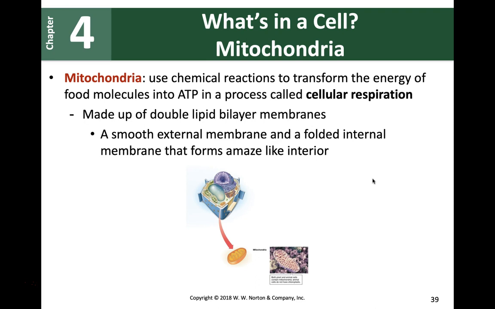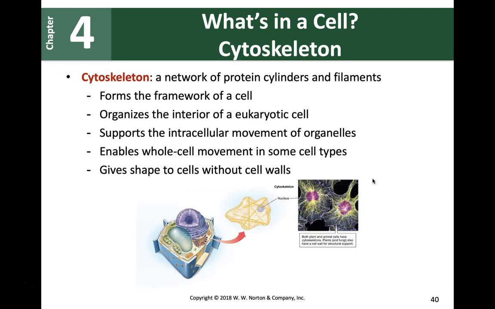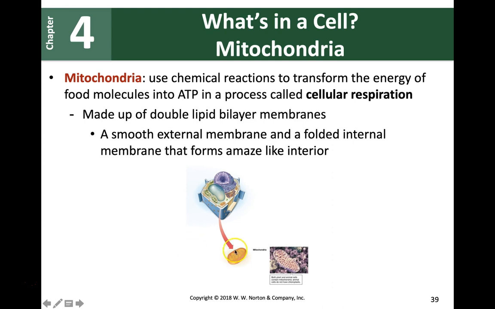So again, it is made up of 2 lipid layers, so not just 1, but 2. Let me see if there's a bigger structure now. You can see this mitochondria structure right here. You can see that there's this outer membrane, the orange color membrane, that's the outer membrane. And then there's this inside membrane, but it actually is modified. You can see it's folded into a maze-like structure.